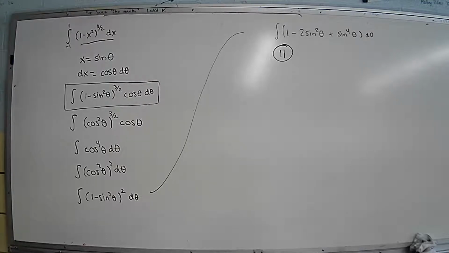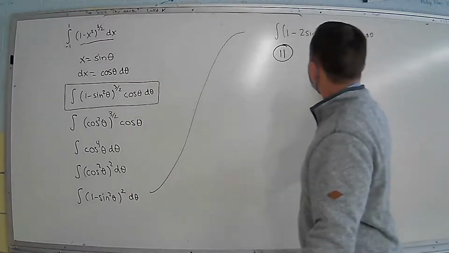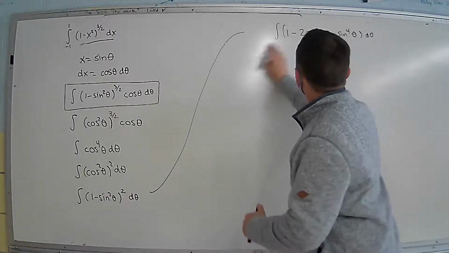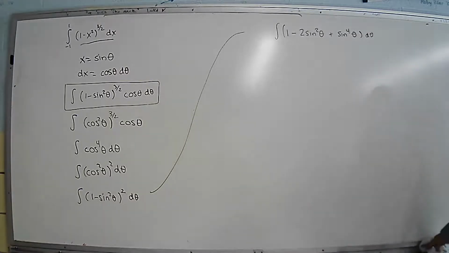How do we do cosine to the 4th? I actually can't remember. I'm thinking this out loud right as we speak. I don't remember. I have some ideas. So I'm going to unpause that, I guess.